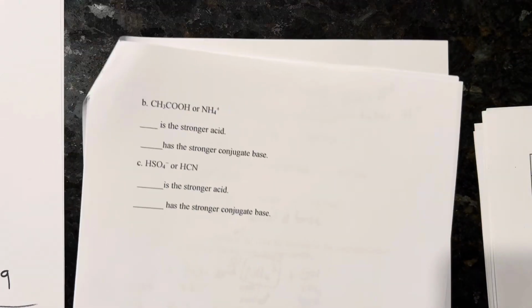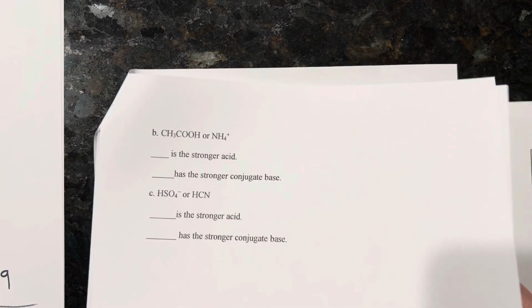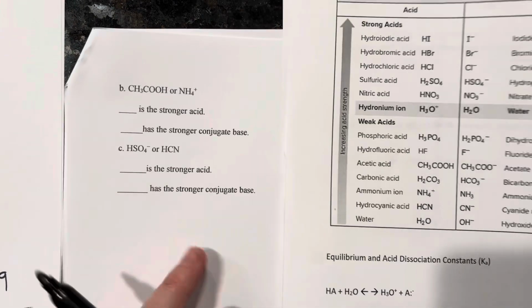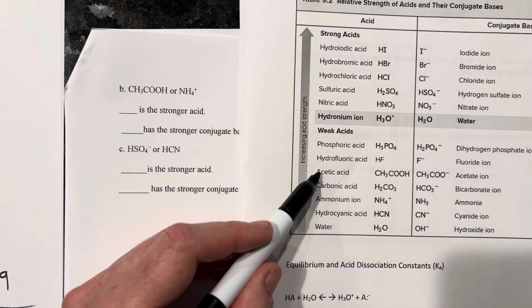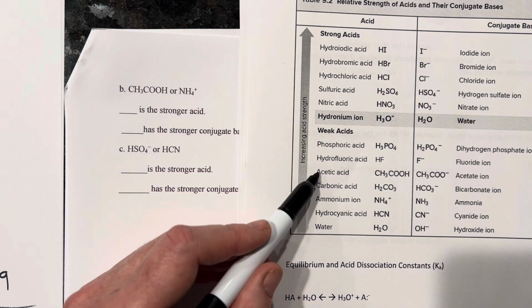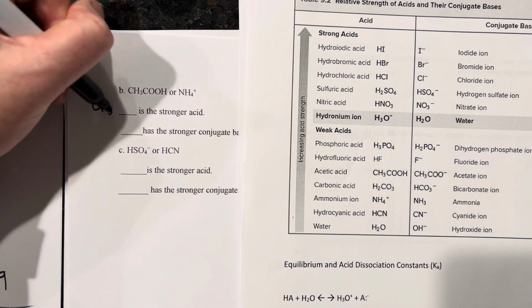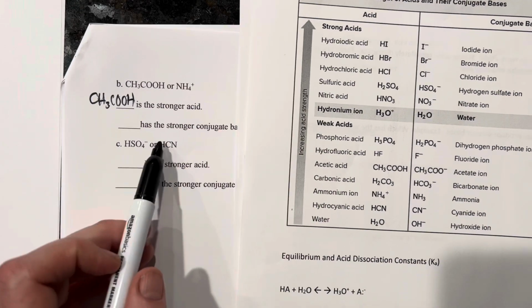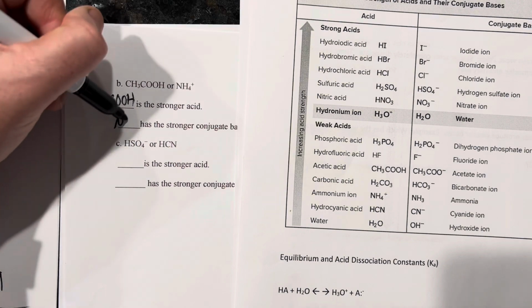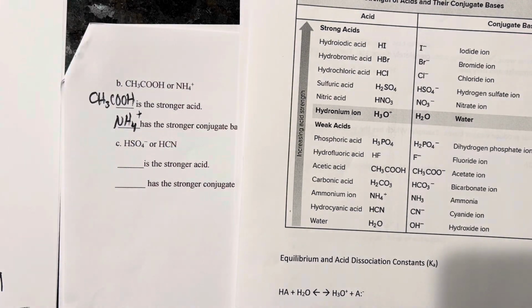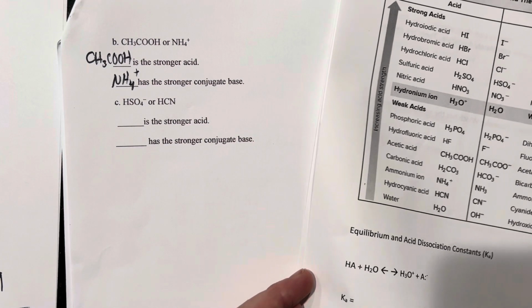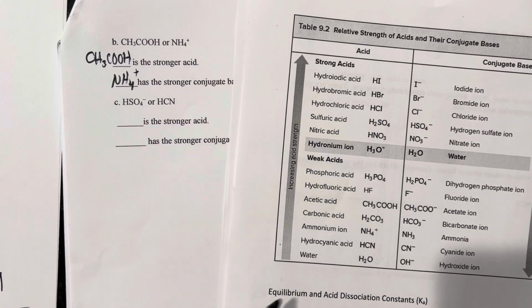Moving on. Has acetic acid versus NH4 plus. So of acetic acid and NH4 plus, acetic acid is definitely the stronger one. And it says which one has a stronger conjugate base. That's got to be the weaker one, the NH4 plus. Now it says HSO4 minus or HCN.